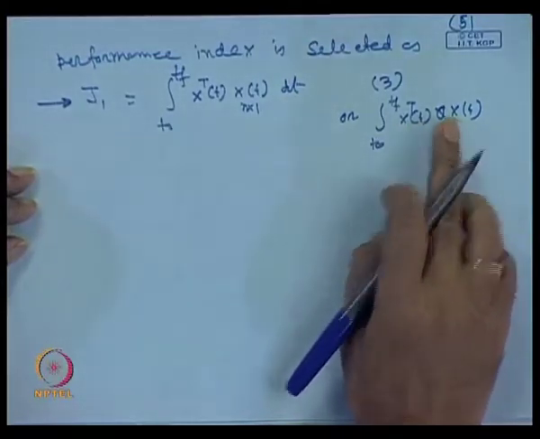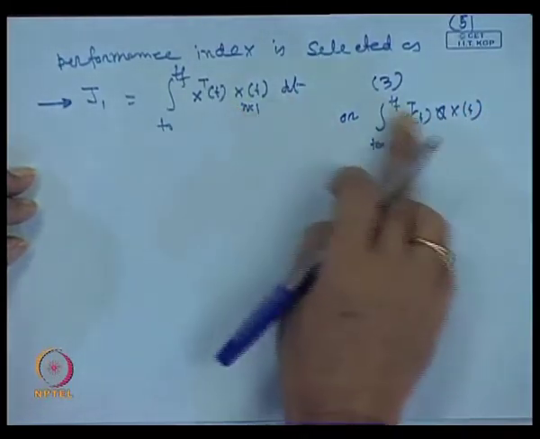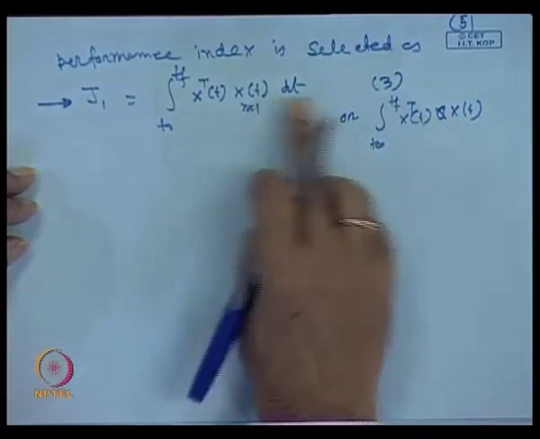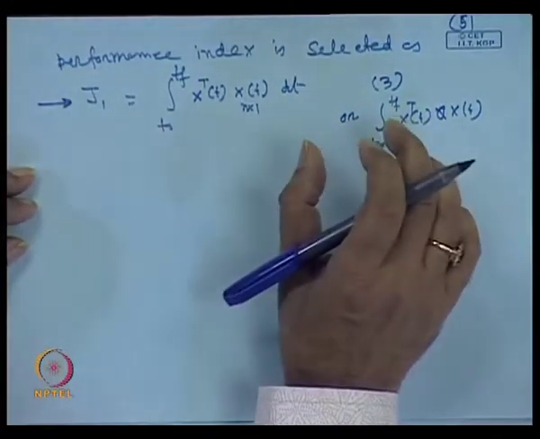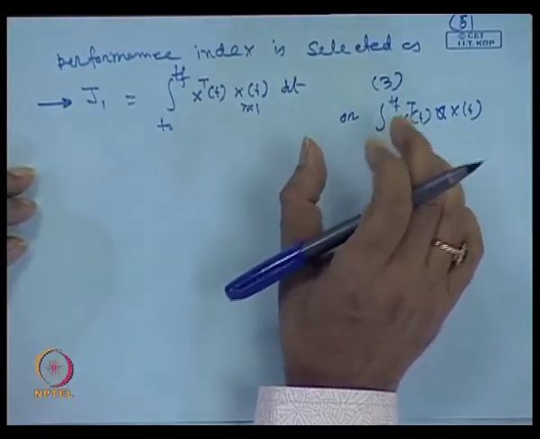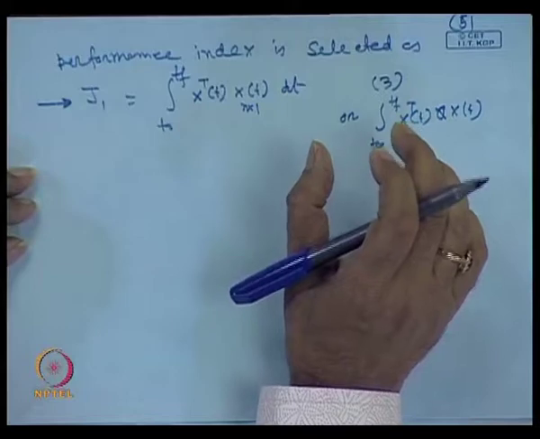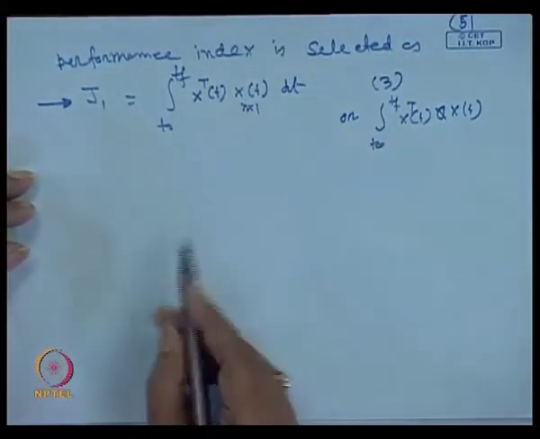That means we are giving weightage in this performance index, which could also be one of the performance indices when our objective is to make each component of the state variable small. Either one of these will be our choice.